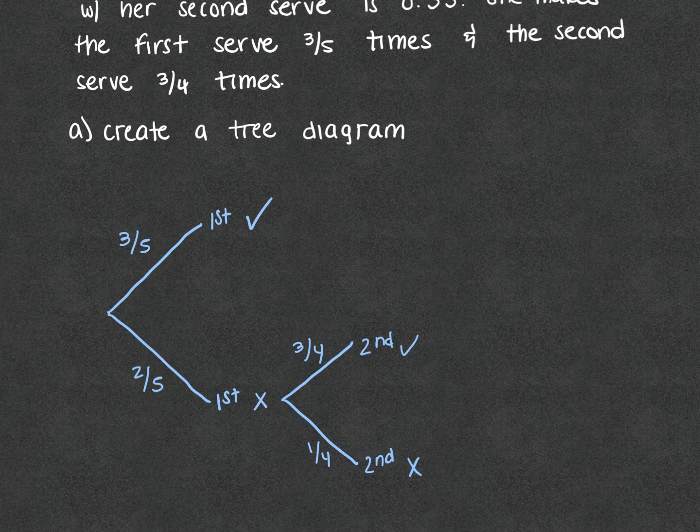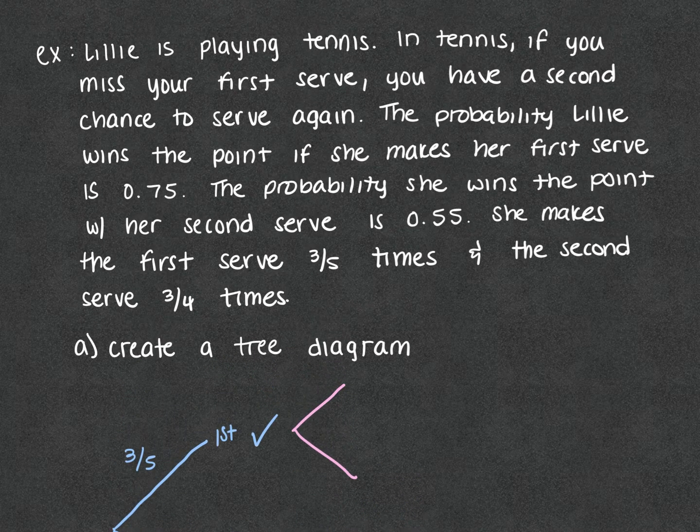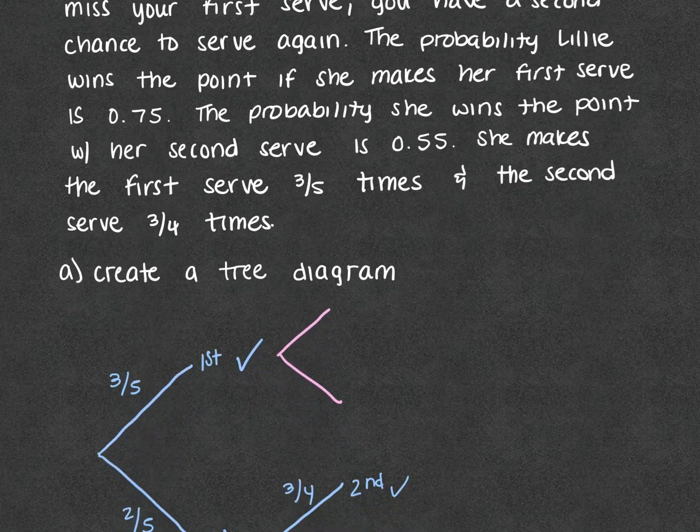All right, now that we have the serves out of the way, we can look at the points specifically. So it said in the beginning that if she makes her first serve, which she did right here, then the probability that she wins the point, wins versus loses, is 0.75. So she wins is 0.75, which means she would lose 0.25.